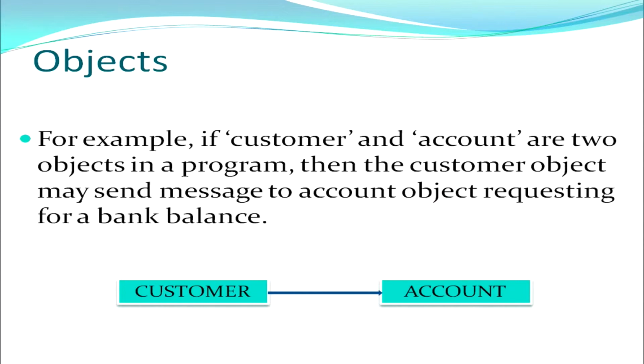As you can see in this particular figure, customer and account are shown as two objects. The customer object may send a message to the account object requesting a bank balance, but on its own a customer is an independent object having its own features like customer ID, customer name, customer address and so on.